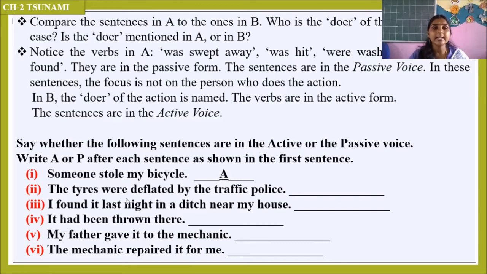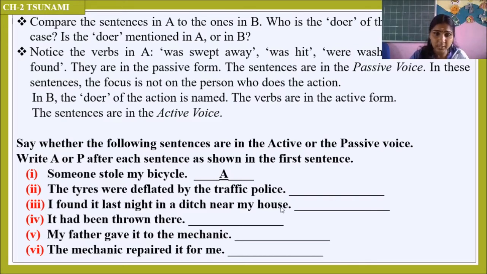"The tires were deflated by the traffic police." So, what is the verb here, children? Deflated. So, deflate is the first form, deflated is the third form. And here, look carefully, the deflated is accompanied with the were.